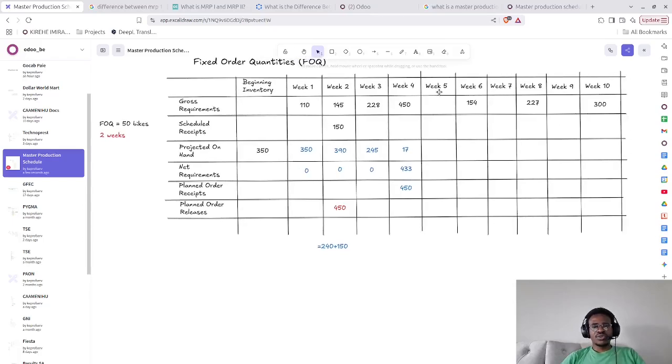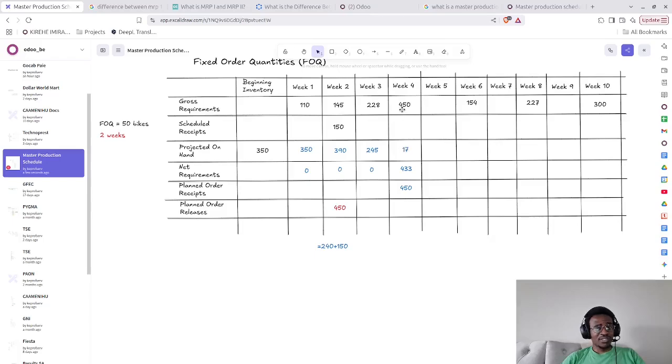Okay, so week 5, what quantity am I going with? So there's 450, that was the supply. I only had 17, so I had a net requirement of 433. And so when I receive 450 and I sell 450, remember I had 17 on hand, so it's 450 plus 17, that's 467.